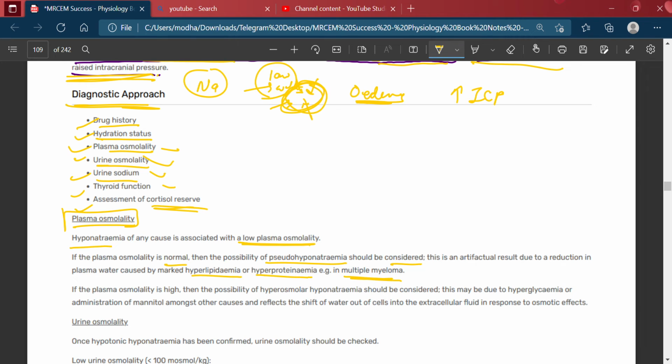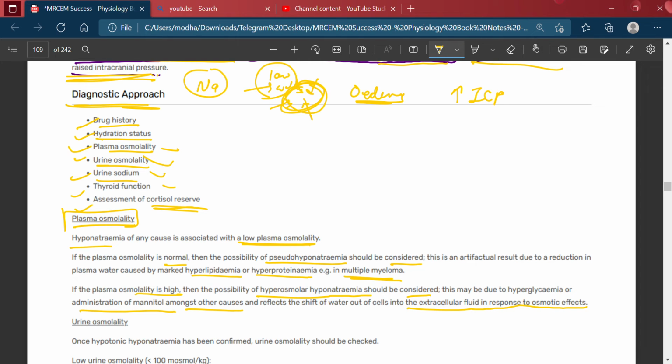If the plasma osmolality is high, then the possibility of hyperosmolar hyponatremia should be considered. This may be due to hyperglycemia or the administration of mannitol, amongst other causes, and reflects the shift of water out of the cell into the extracellular fluid in response to the osmotic effect.